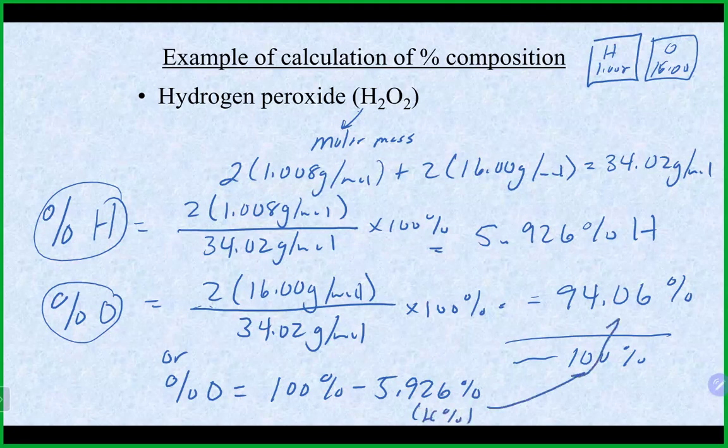That'll get us to about our 94.06. So at that point, you can just do that. If you have one of the elements left and you've already figured out the percentages of the other, you can take 100 minus those, or just calculate individually like we just did there for the oxygen.